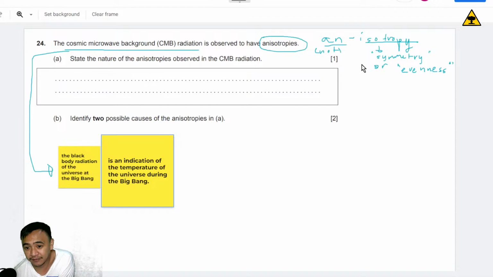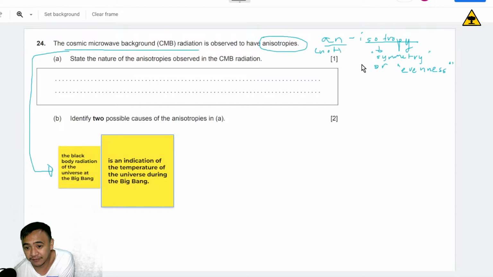But because of the word anisotropies, because of the prefix an, it means now it's not even. Anisotropies: the universe varies in temperature. Yeah, anisotropies indicate temperature differences within the universe during the Big Bang. Okay, so that's what it is.